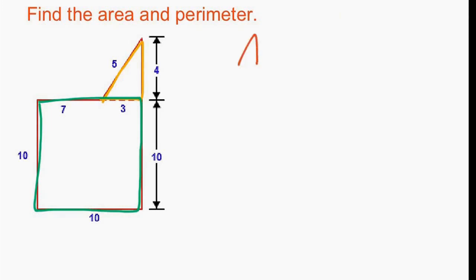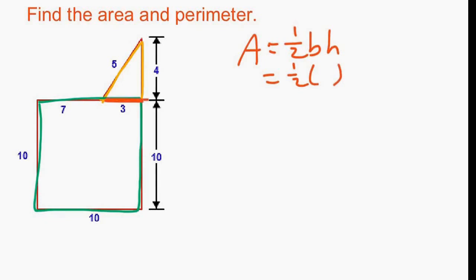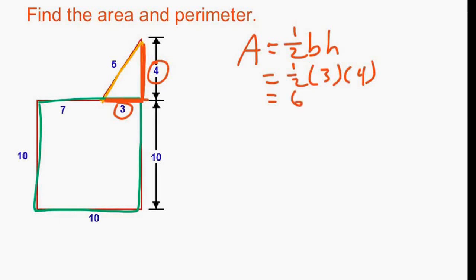So for area, we'll start with the triangle. 1/2 base times height. Here's the base of the triangle, 3. Here's the height of the triangle, 4. 1/2 times 3 times 4 is 6.